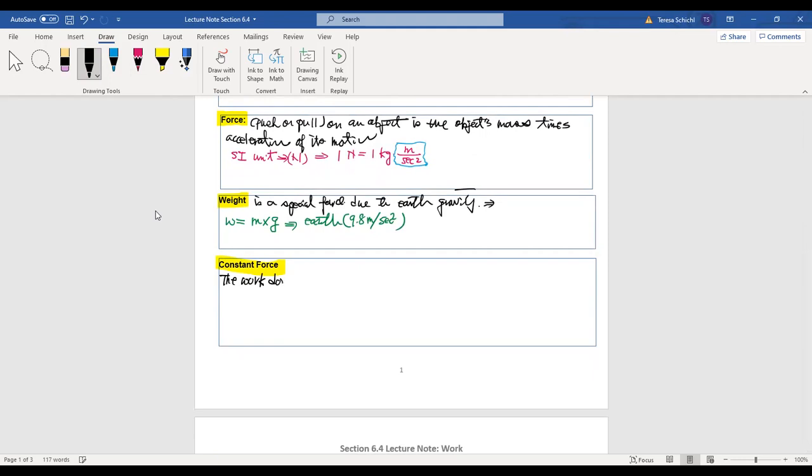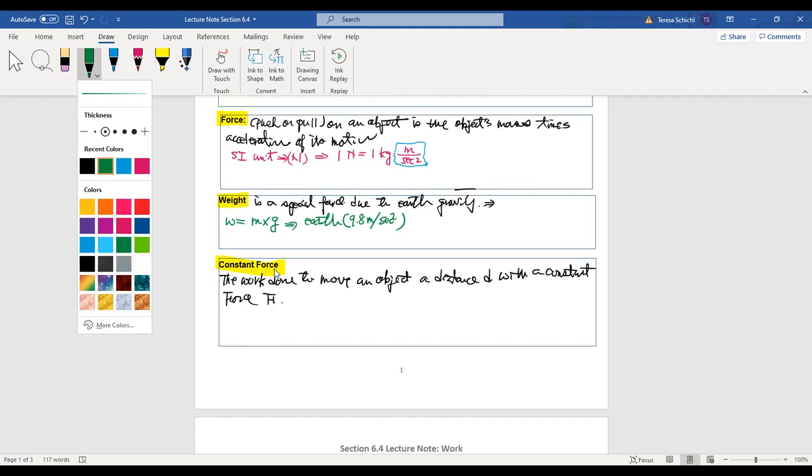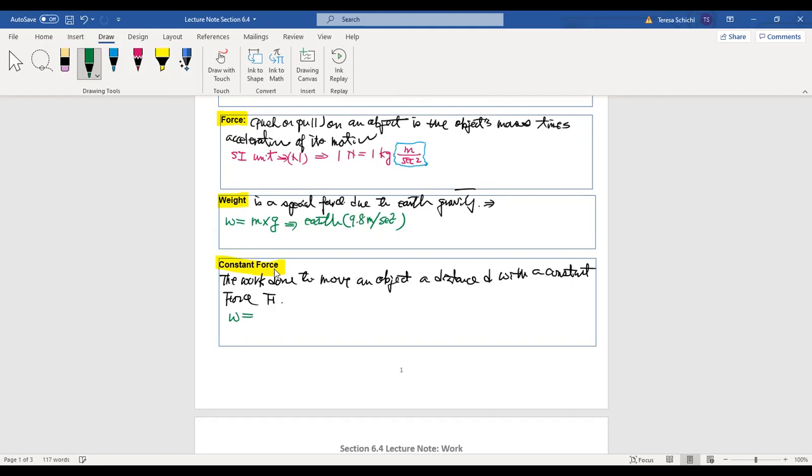You push or pull an object, so it's the force to move an object a distance d with a constant force, which I call F. In our calculation, the work will be equal to the force times the distance.